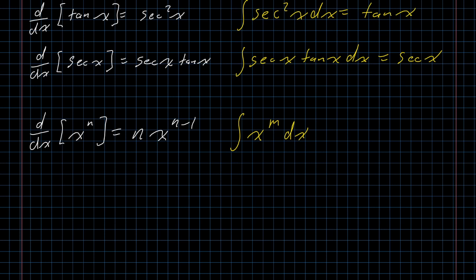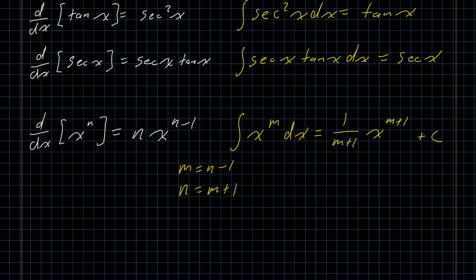It makes it make a little bit more sense what's happening, because m is equal to n minus 1, which means that n itself must be equal to m plus 1. The integral of x to the m dx is 1 over m plus 1 times x to the m plus 1 plus c.